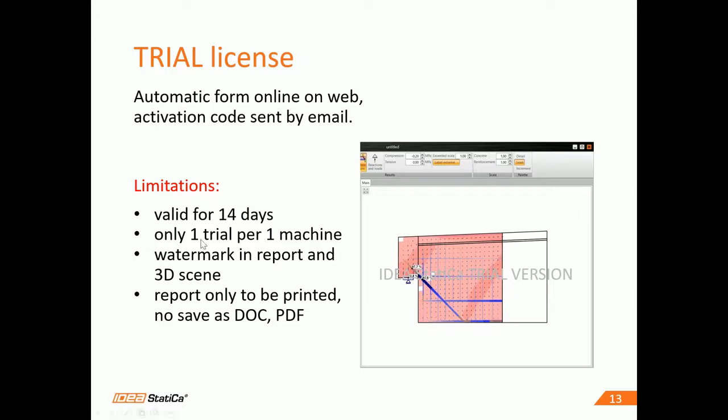It's not possible to activate another trial activation key on the same computer. And there are some watermarks in the report and 3D scene. And you can only print the report from the trial version. You cannot export it into a Microsoft Word file as Philip showed us.